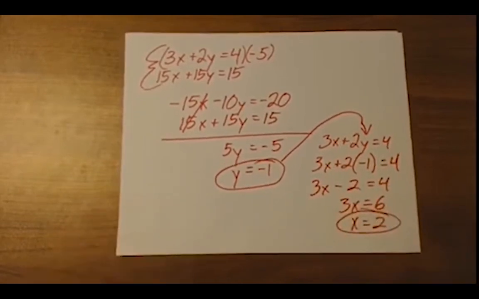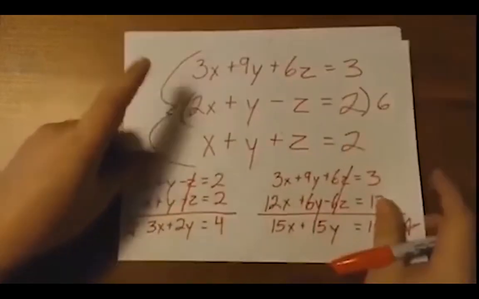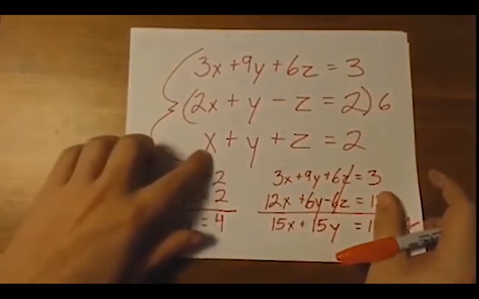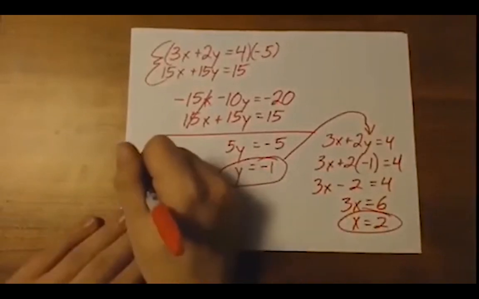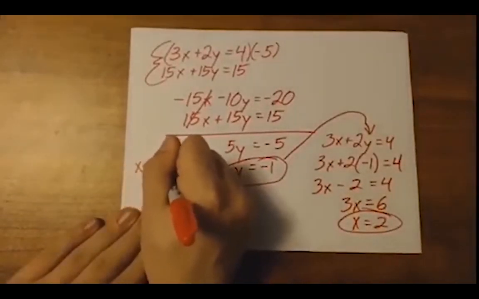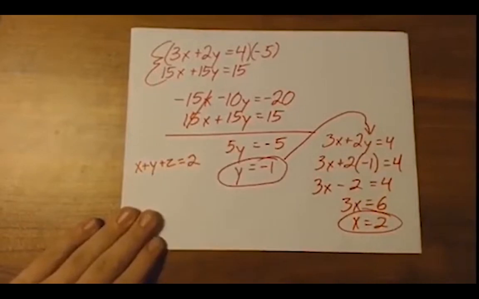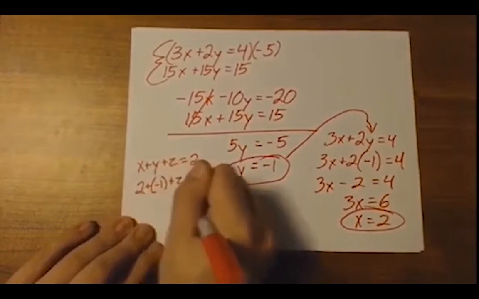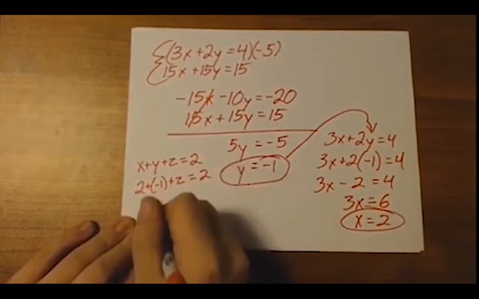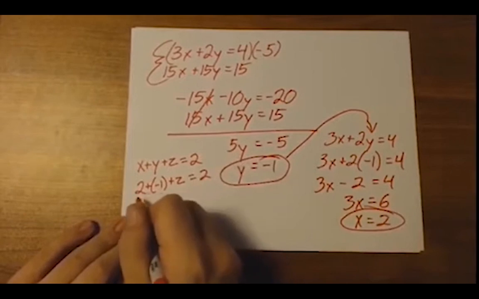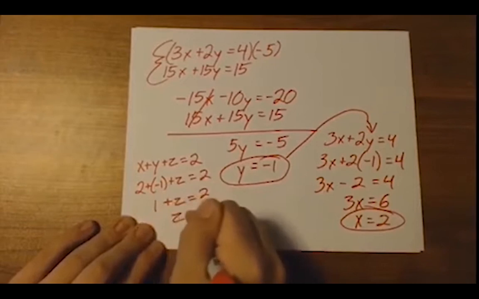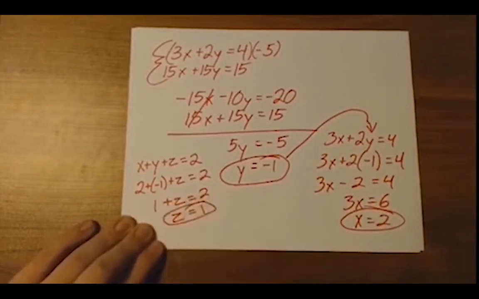But we're not done. Our original system was x, y, and z. I like this one. This is nice and easy. X plus y plus z is 2. If x plus y plus z is 2, then 2 plus -1 plus z is 2. 2 plus -1 is 2 minus 1. 1 plus z equals 2, which means z equals 1.